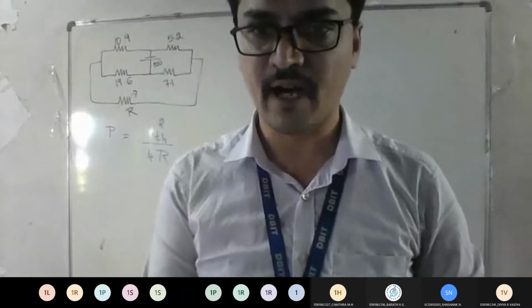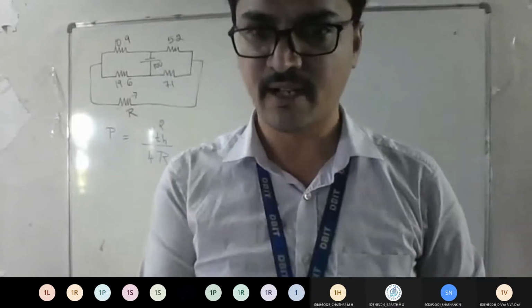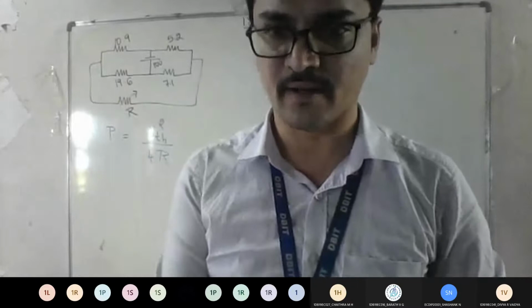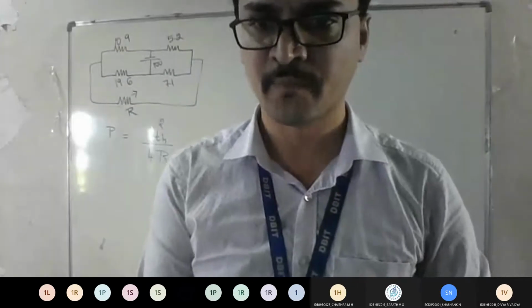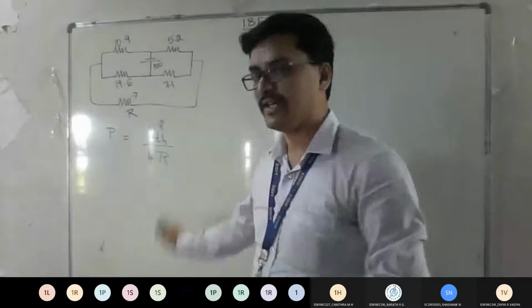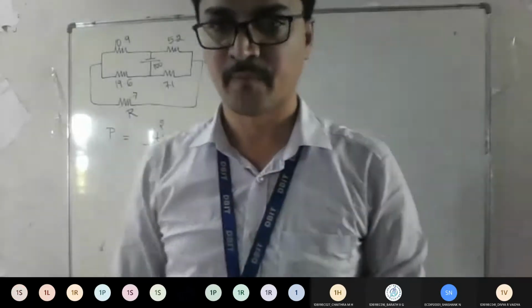So you need to find the value of R, that is the first part, and also you need to find the power. What is the maximum power delivered across this network using the formula? VTH squared divided by 4R.